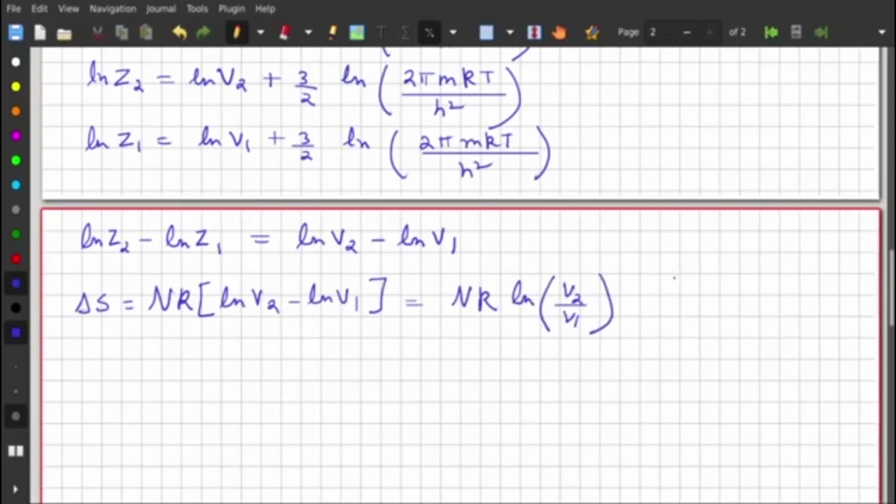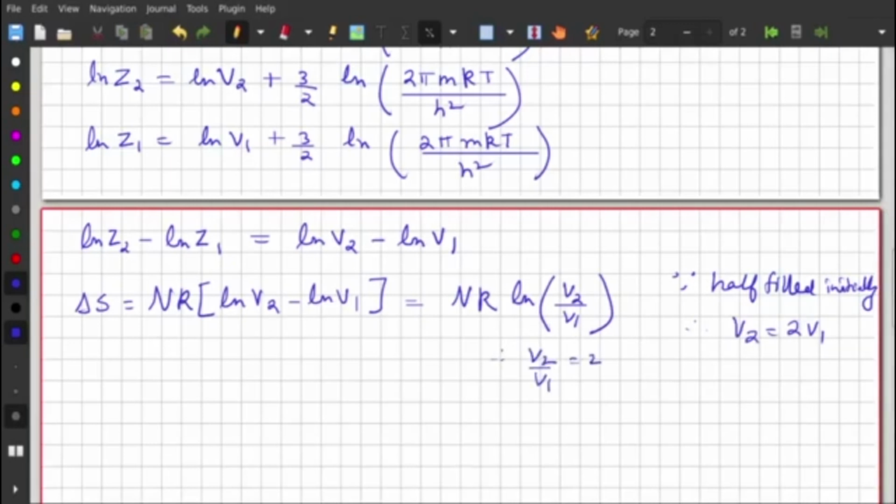And since it was initially half filled, therefore V2 is twice V1, so V2 by V1 is 2. Therefore the entropy change for the process becomes N k log 2.